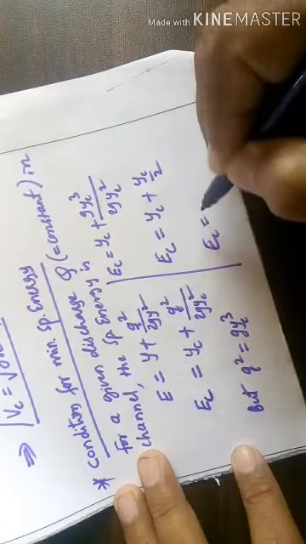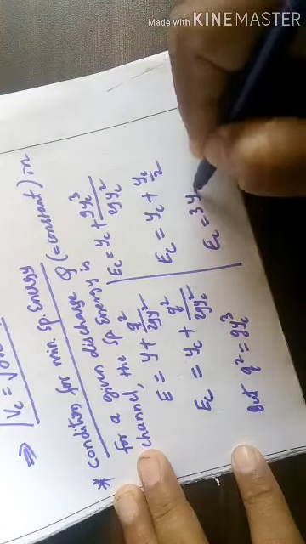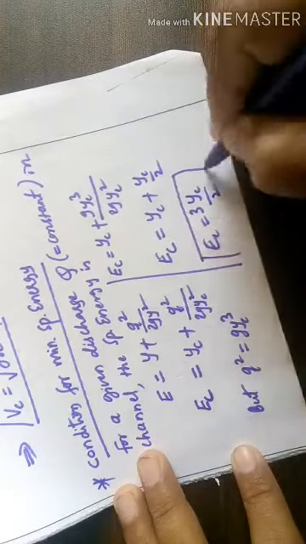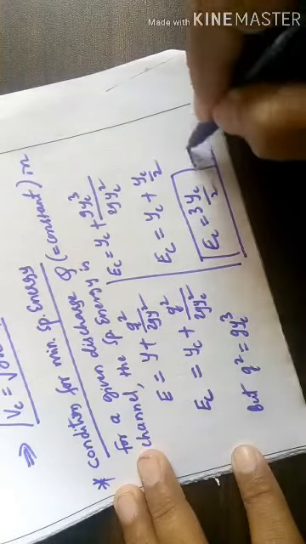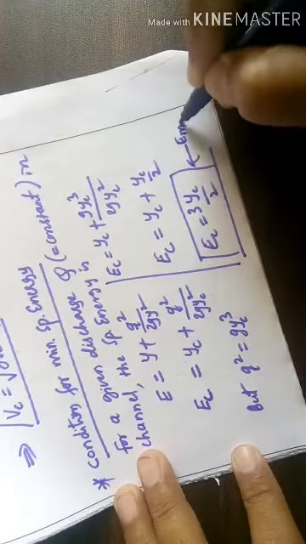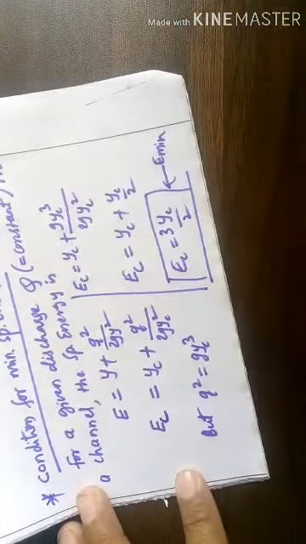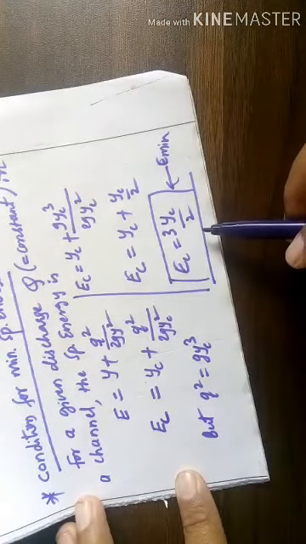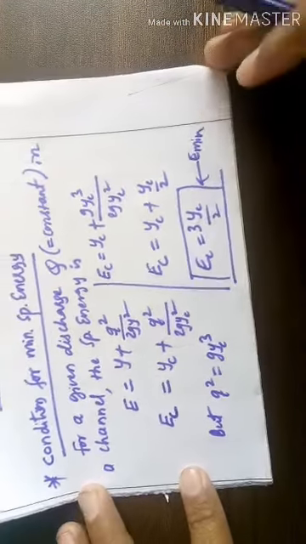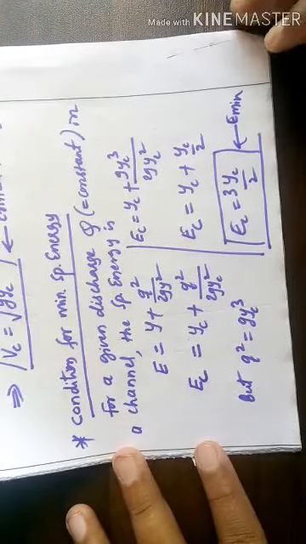Then Ec will be 3yc by 2. This is for minimum specific energy. This much is the minimum specific energy in terms of critical depth. I hope you understood this one.